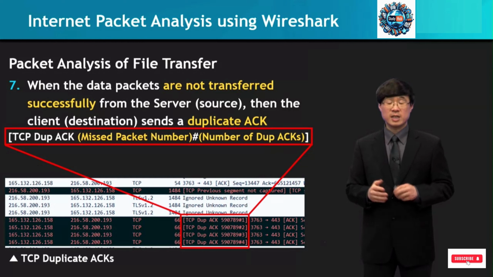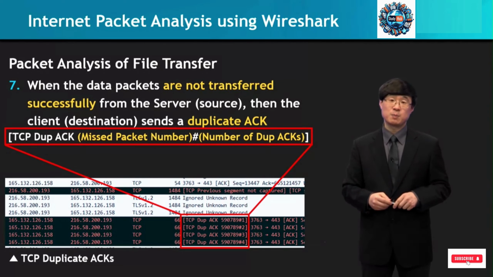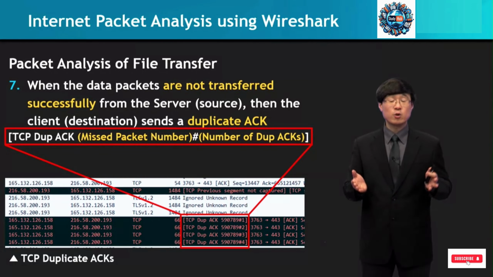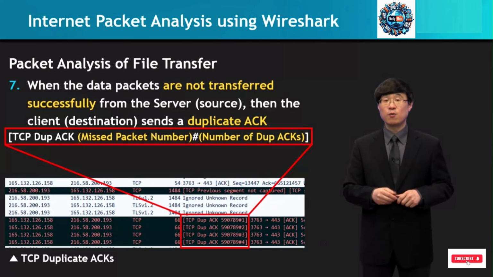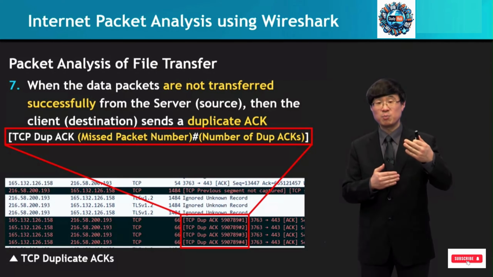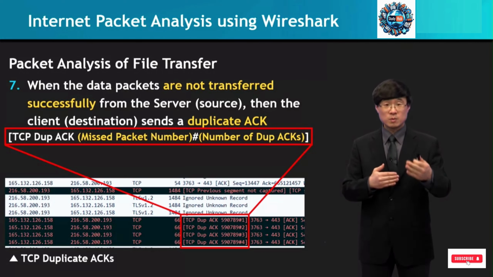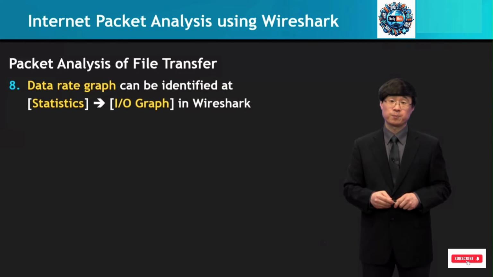These are the numbers that show how many times this acknowledgement has been repeated. This means that you're experiencing some type of delay in the packet sequence, and therefore the TCP inside the computer is sending out messages that are actually checking the status of the data transfer.